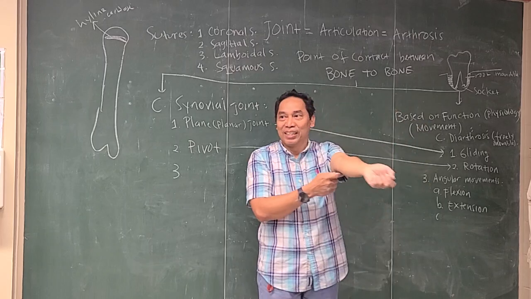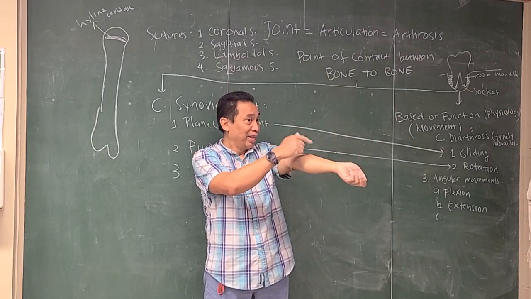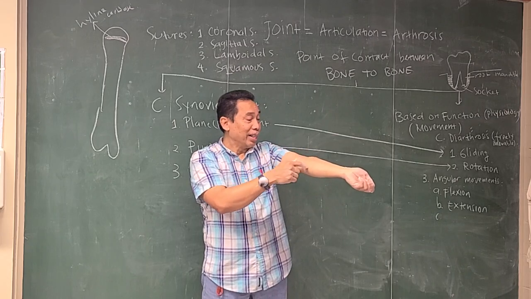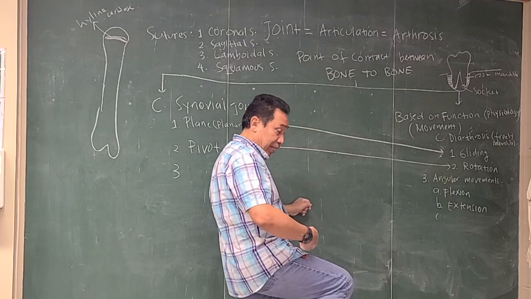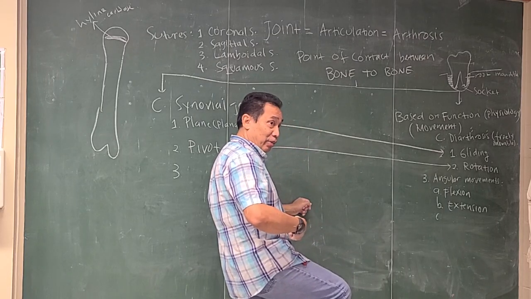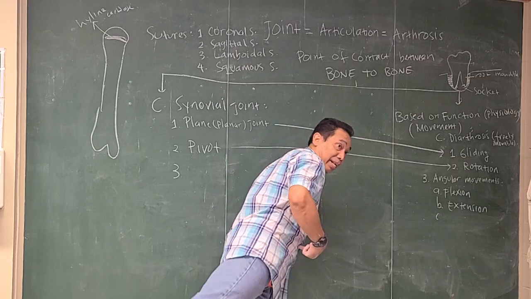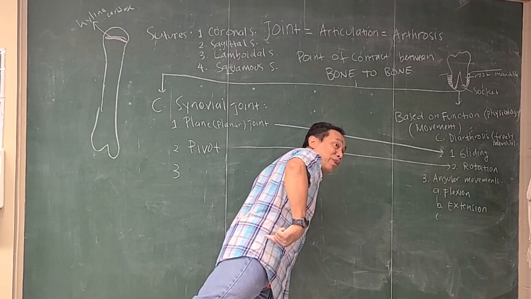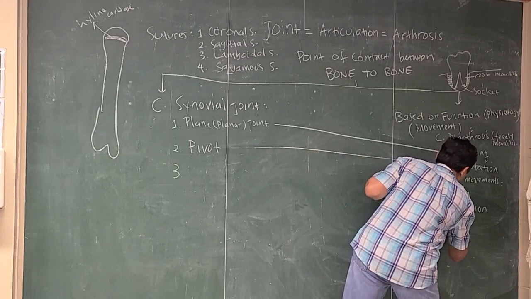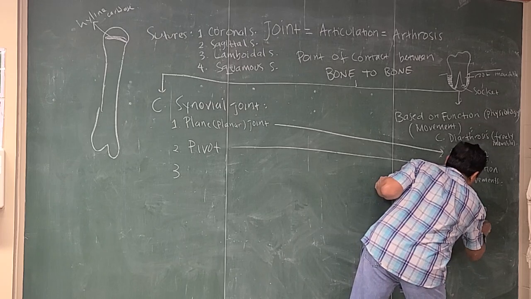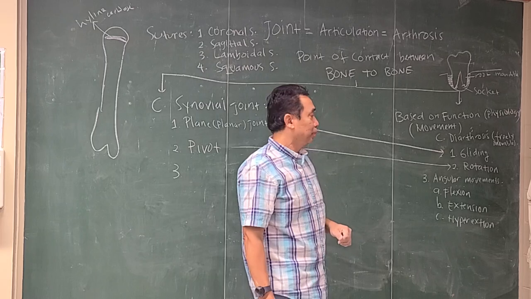Extension usually only gives you a highest angle of 180. You cannot go more than that. Let's say this is 90, and when you do this to 180, that's extension. Can you move more? Yes. Like this, boom, you might have more than 180. If it is like that, it's called hyperextension.